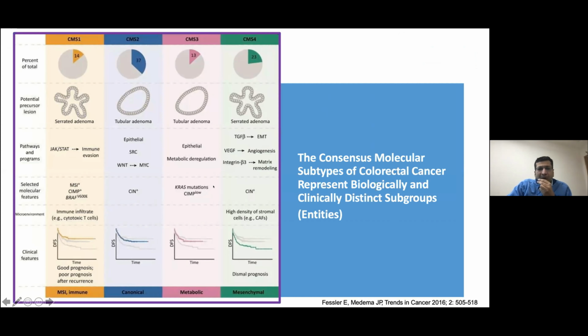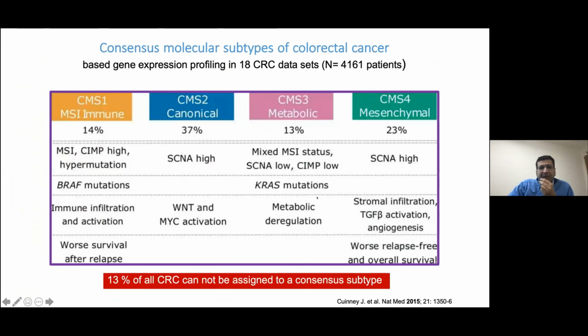Each differs in molecular signatures and other characteristics. This is just to show that BRAF mutations are more in the CMS1 MSI immune status high patients, and KRAS is there in the metabolic type. And again, there is a subset which we cannot determine which subgroup they will fall into. So it is a highly heterogeneous group of disease.